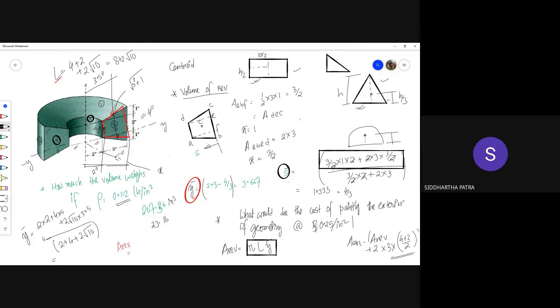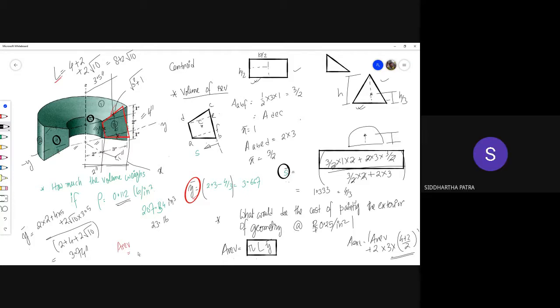Can you tell me what is the value of this y bar? Sir, it is coming 3.74. Okay.